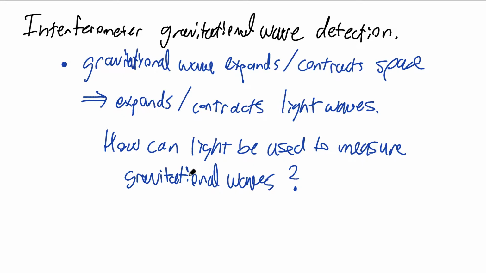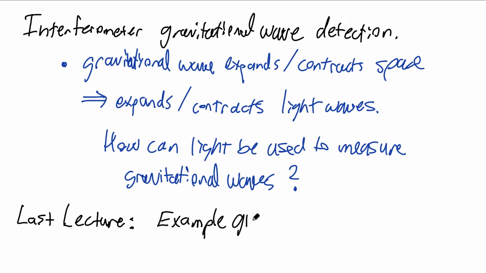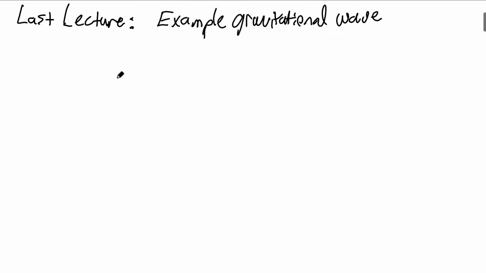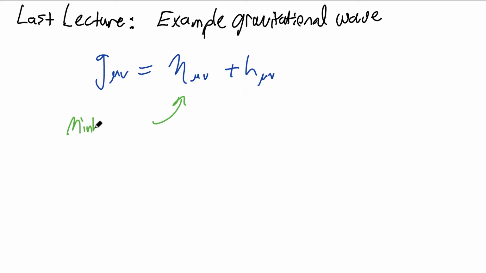For now, let me back up and summarize the main results from the last lecture. In that lecture, I gave an example of a gravitational wave. The metric for this wave has the form g mu nu equals eta mu nu plus h mu nu, where eta mu nu is the flat space Minkowski metric, and h is a small perturbation.